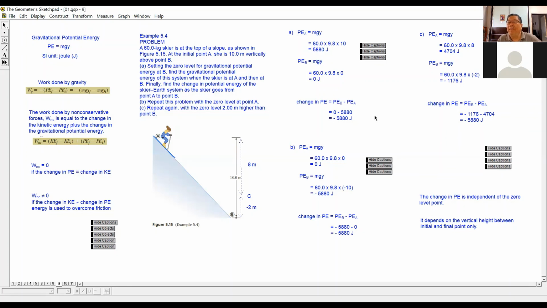Is this okay? Why is it negative here? Because you are not putting in energy.